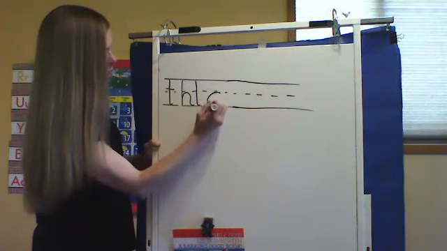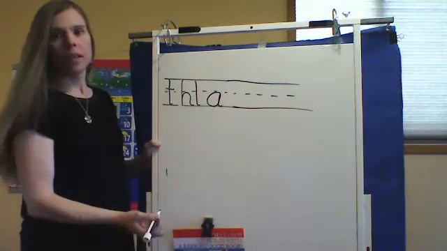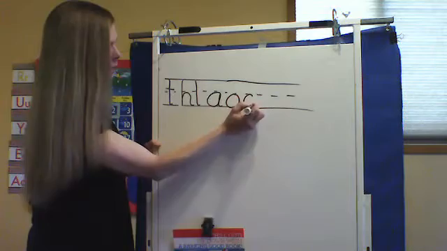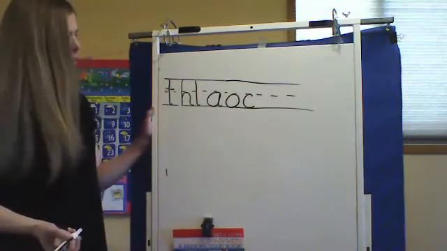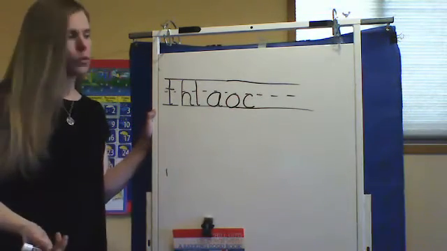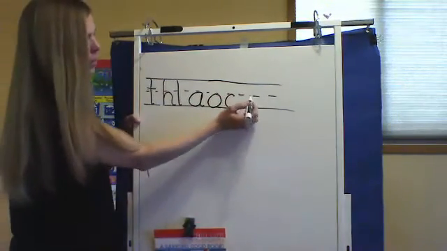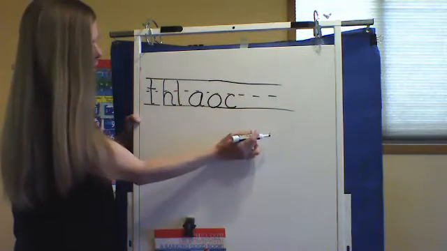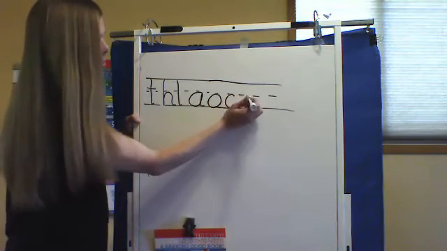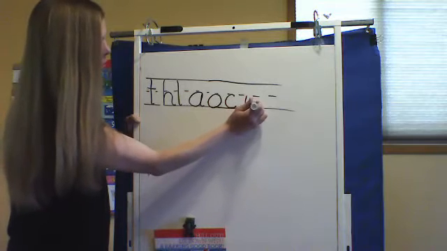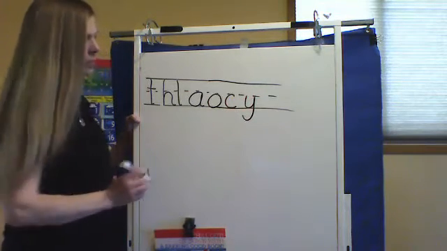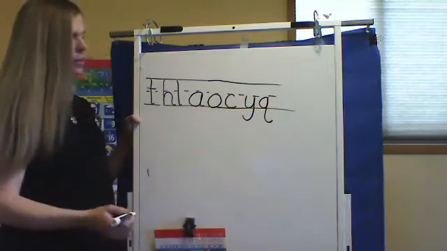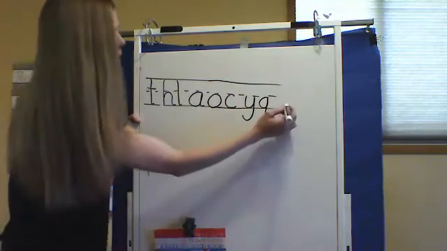That would be like the letter A, or the letter O, or C. Those are short letters. Then there are letters with a tail. Letters with a tail go from the dotted line to the bottom line, but then they continue on down underground. So, for example, we have letter Y or letter Q. Those are letters with a tail.